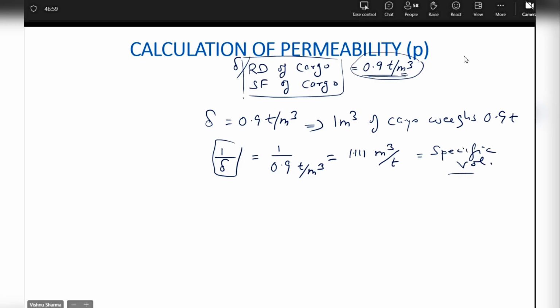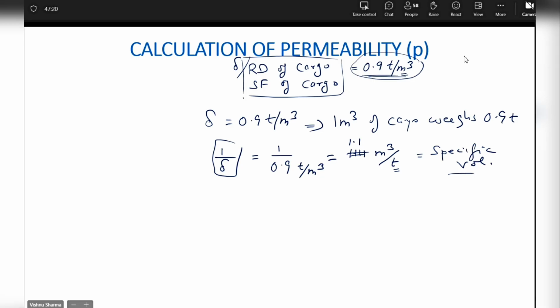What does it mean? If I take 1 ton of cargo, that will occupy, let me take it as 1.1 cubic meter of space. And this depends on the nature of cargo.